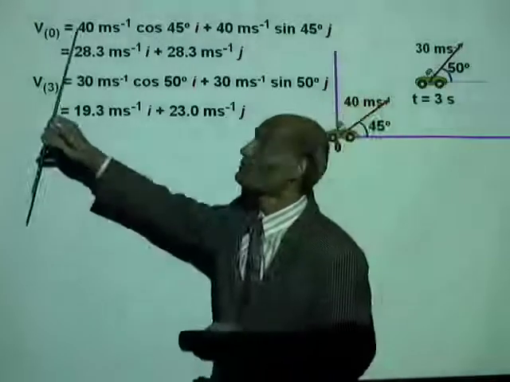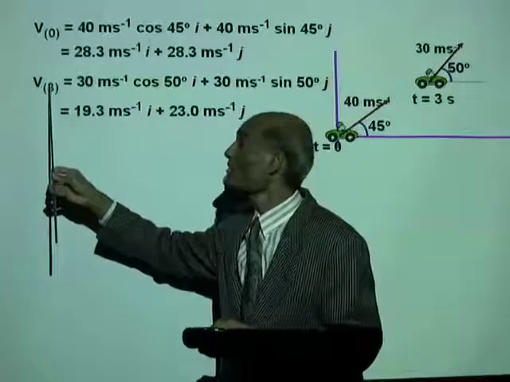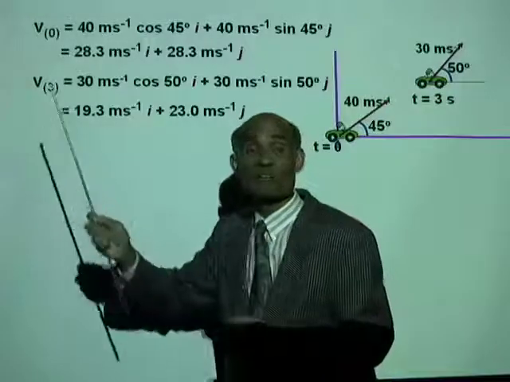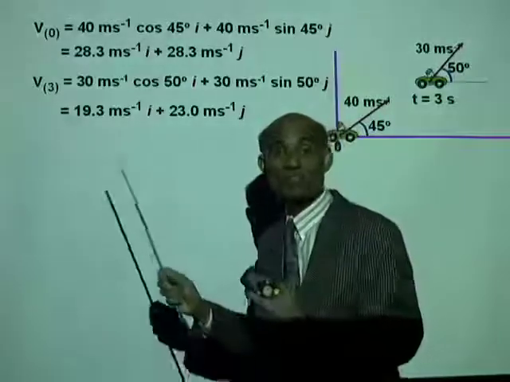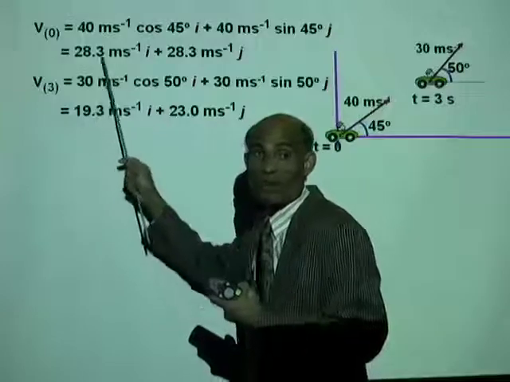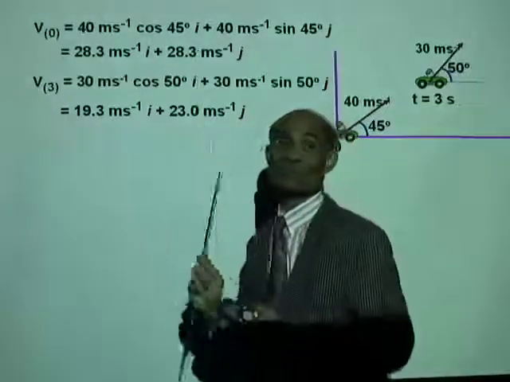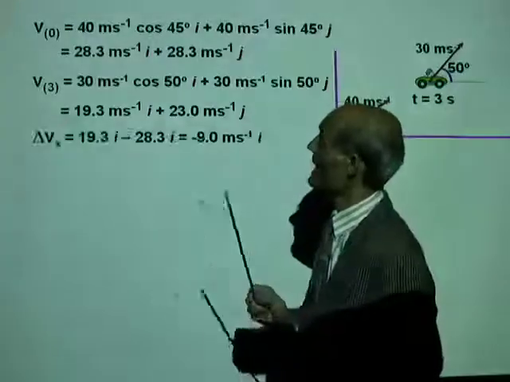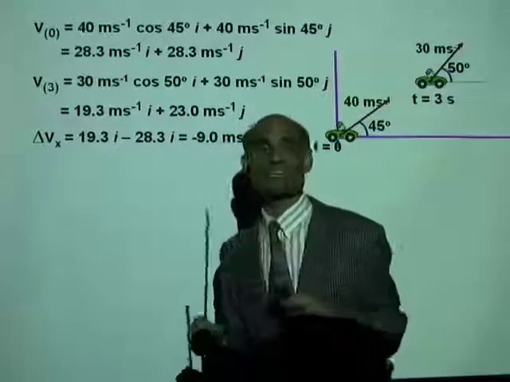Well, we know the velocity at t equal to 0. We know the velocity at t equal to 3. We can now find the change in velocity. For the change in velocity, there is a change in velocity in the x direction and a change in velocity in the y direction. Alright, let's do that now. Delta Vx, what does delta Vx stand for?